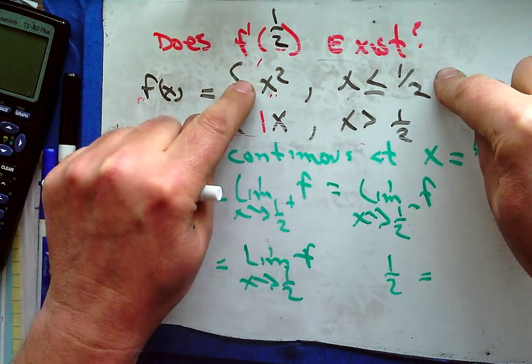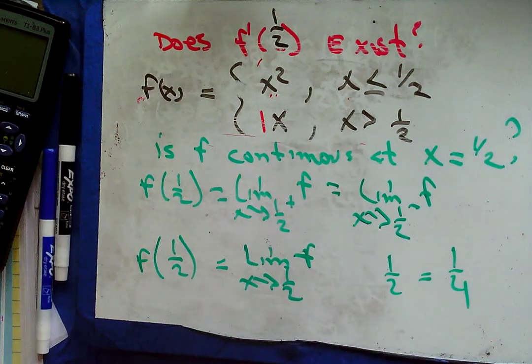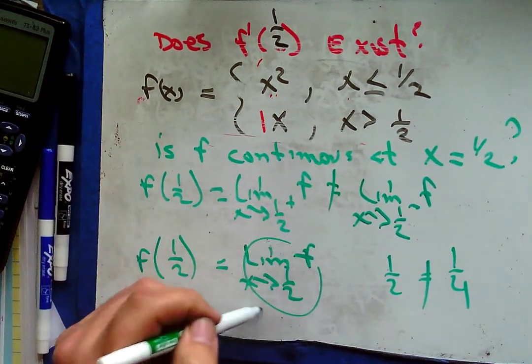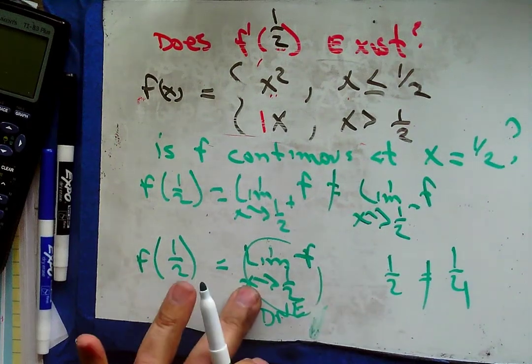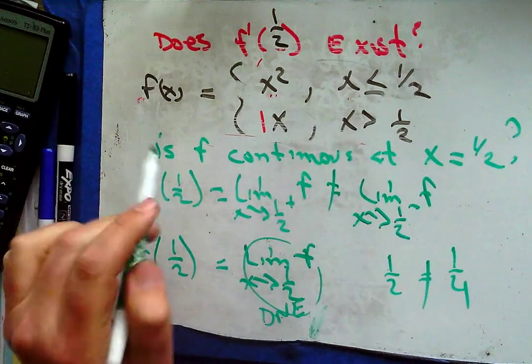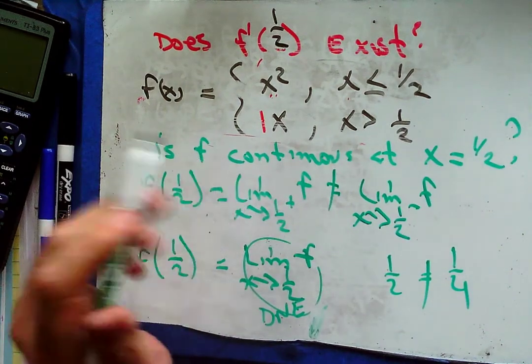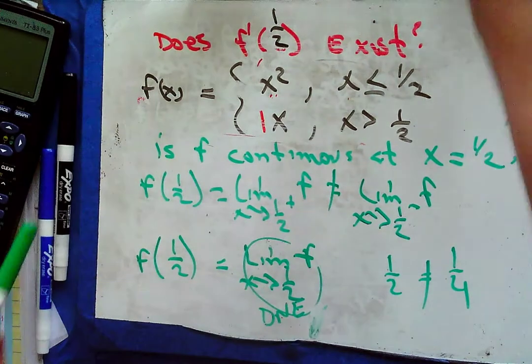Well, I get 1/2 times 1/2, which is 1/4. Are these equal? No, they're not equal. So the limit does not exist. And because the limit does not exist, we are not continuous. And if we're not continuous at that point, then we know that the derivative at that point cannot exist.